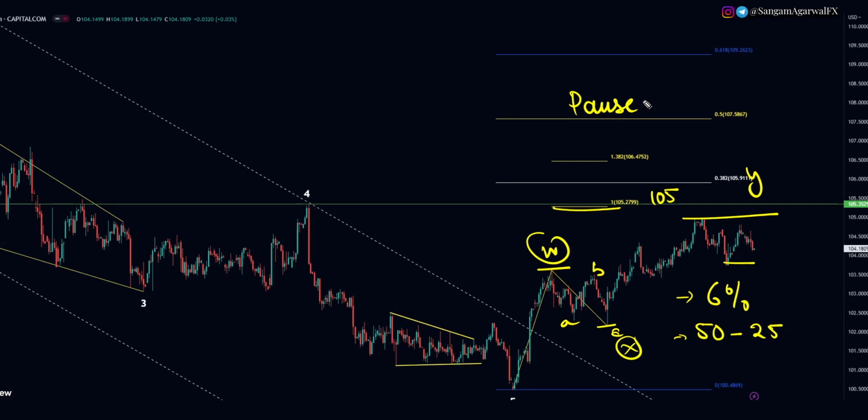And since one of the FOMC members said the other day that a rate pause can come as soon as June, since then the dollar is bearish, and things like SP 500 and gold are flying vertically.